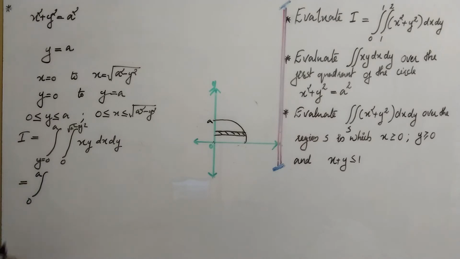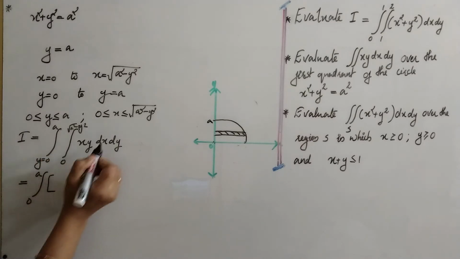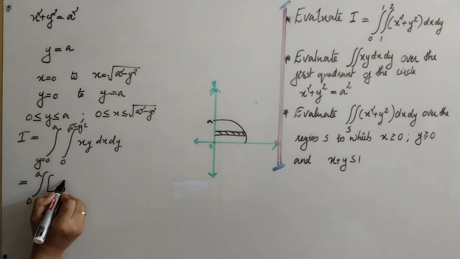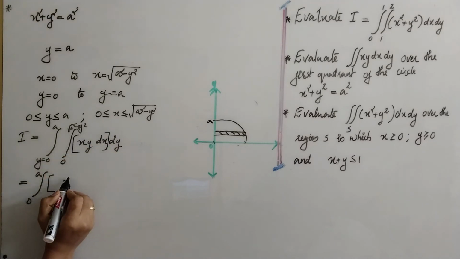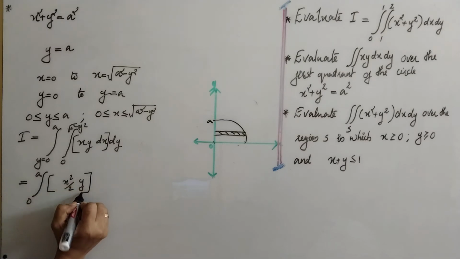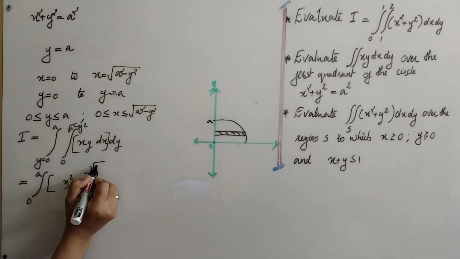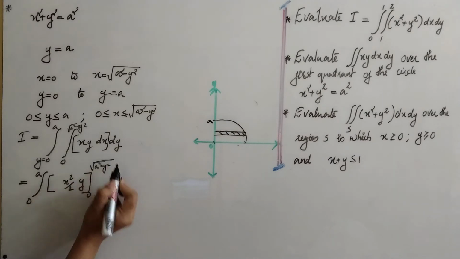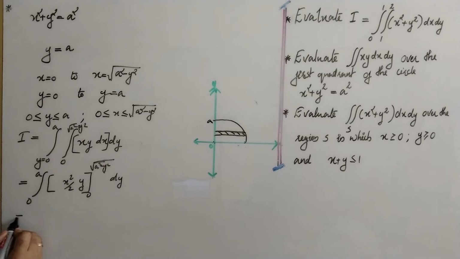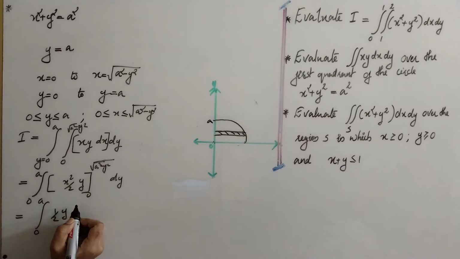integral 0 to a. First integrate the inner integral. So integral xy dx is x square by 2 times y, with limits varying from 0 to root of a square minus y square, into dy, and that is equal to integral 0 to a, 1 by 2 into y into x square.